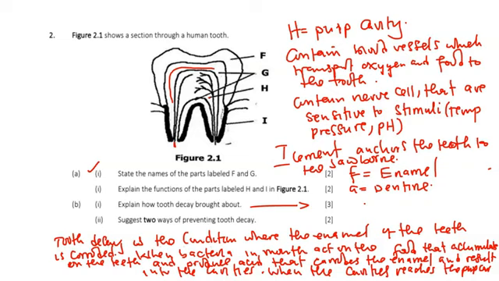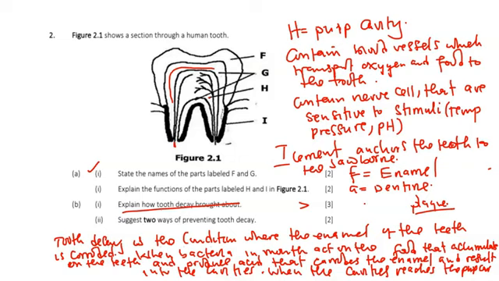So how is tooth decay brought about? You can say tooth decay is brought about when the bacteria in the mouth act on the food that accumulates on the teeth, called plaque. Of course, you know that they respire. Those bacteria feed on the sugars that remain on the teeth, and in the process they produce acid.